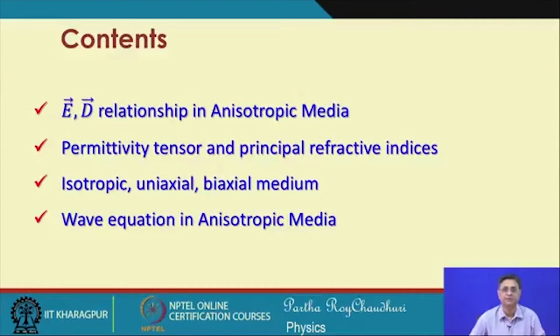Then we will make a comparison of the isotropic, uniaxial and biaxial medium. We will define the various properties of this. Then at the end we will try to bring in the wave equation for anisotropic medium.